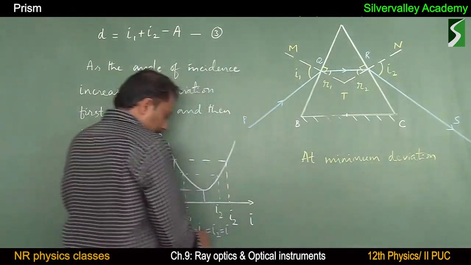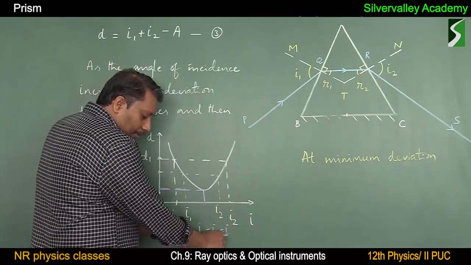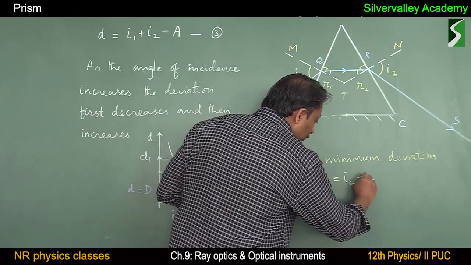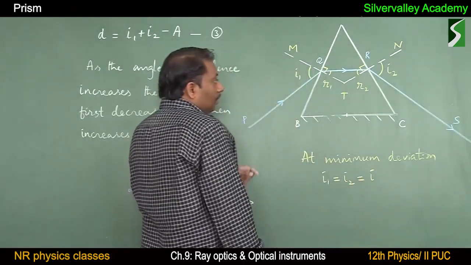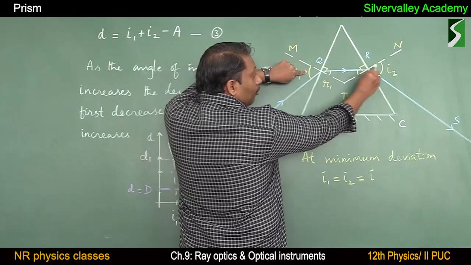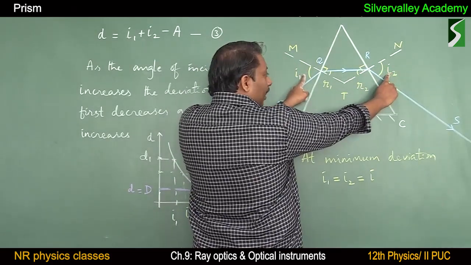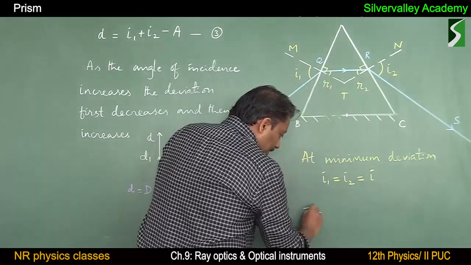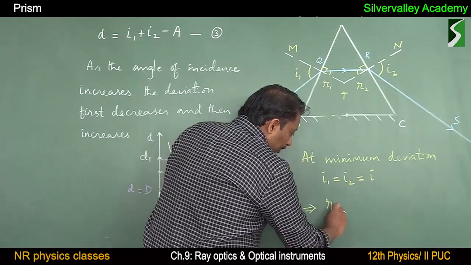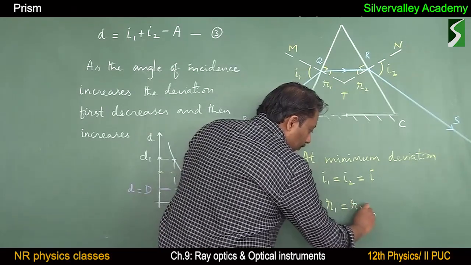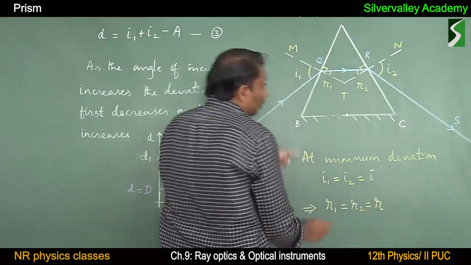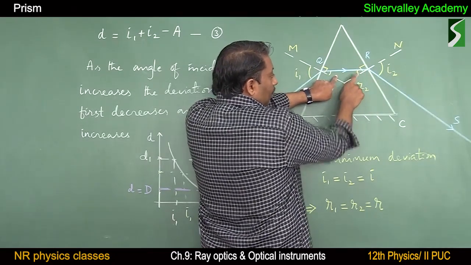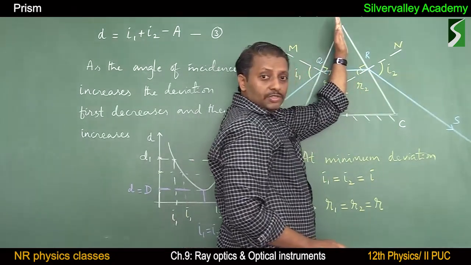At minimum deviation, I1 equal to I2 equal to I. Observe, if I1 equal to I2, these two angles are equal, then these two angles must be equal. This implies that R1 equal to R2 equal to R. If these two angles are equal, then the diagram is symmetric about this vertical axis.